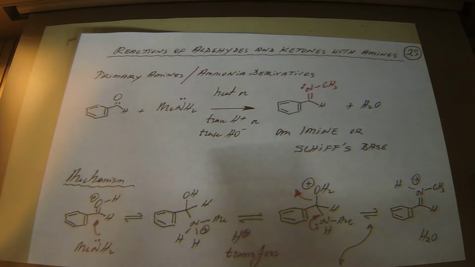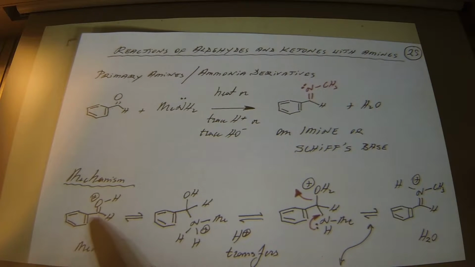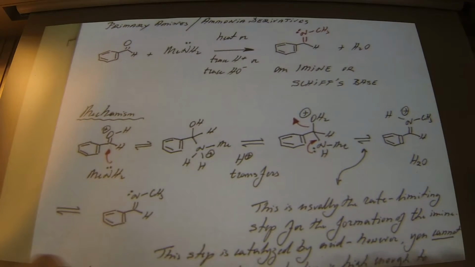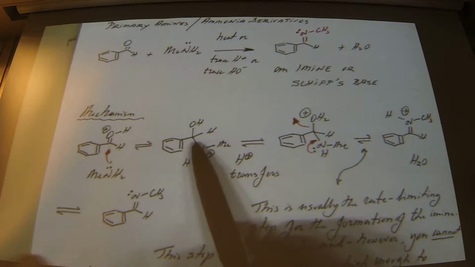Okay, so the carbonyl reversibly gets protonated. The protonated carbonyl, that's that one right there, is more reactive towards nucleophiles, because now, in one of the resonance structures, that carbon atom bears a full positive charge, not a partial positive charge. And so the amine can attack that carbon atom to form this tetrahedral intermediate.